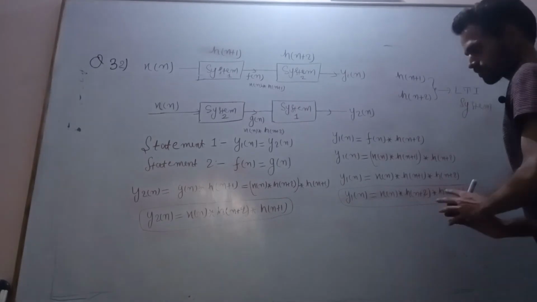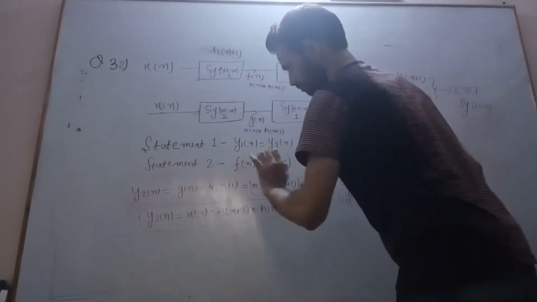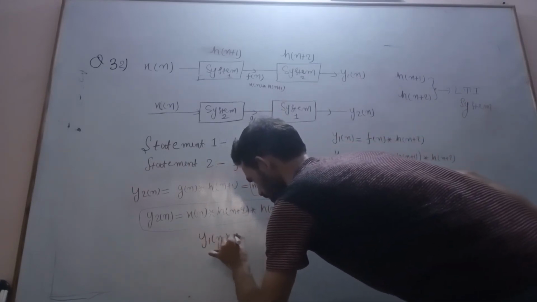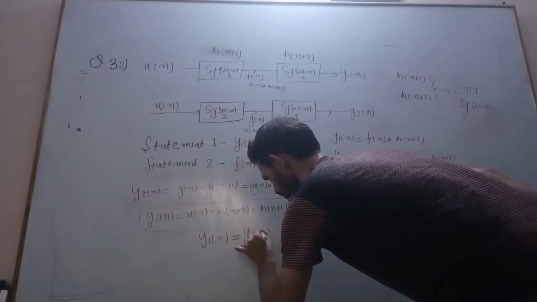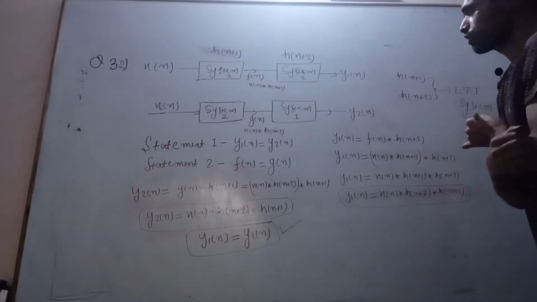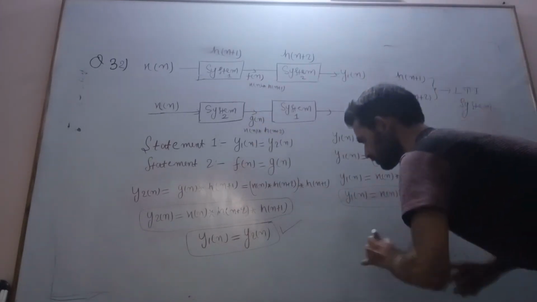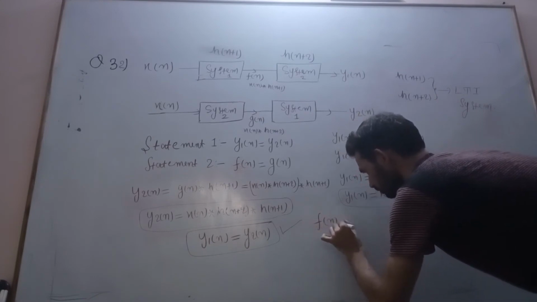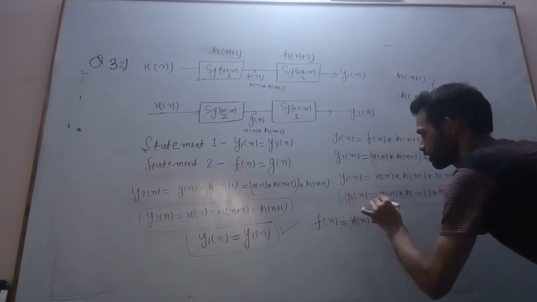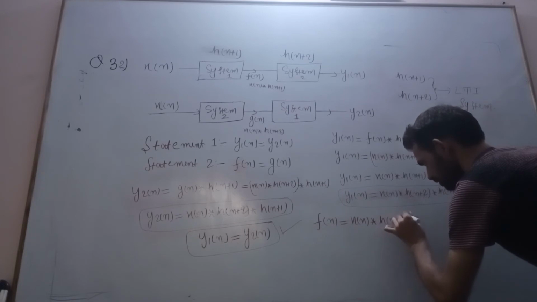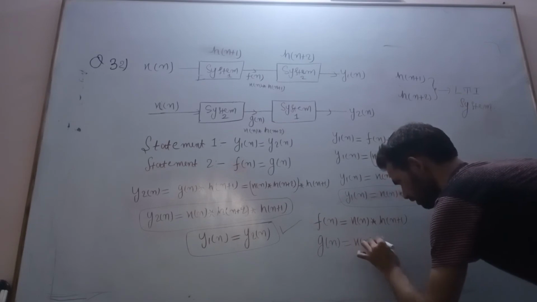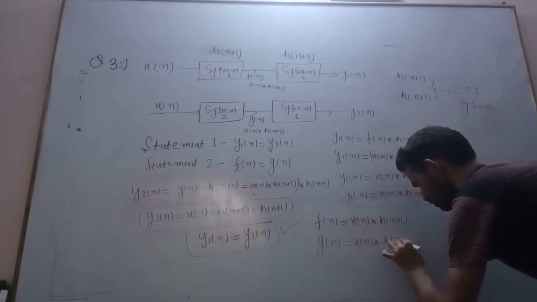Okay, so if you see here y1 of n is always equal to y2 of n. Yes, this statement is true. Okay, so if you see here f of n is x of n convolution h of n plus 1, and g of n is equal to x of n convolution h of n plus 2.